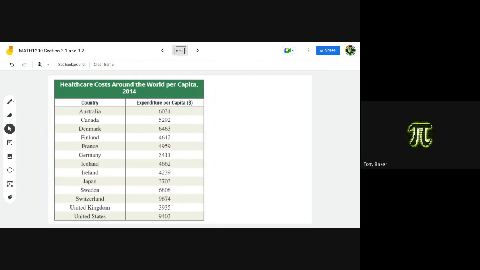Okay. So which country has the highest healthcare costs? Switzerland. Not the United States, which everybody would have assumed. We're close in there.